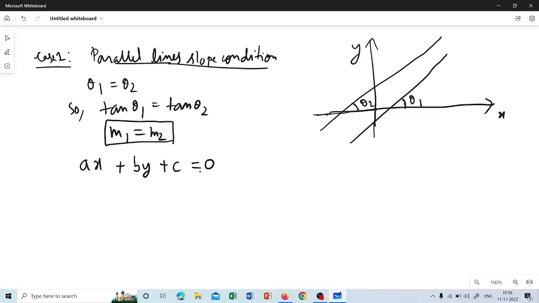Let me give some clarity. We know that this is a linear equation in two variables. Let me take one line equation as a1x plus b1y plus c1 equals 0, and the other line equation as a2x plus b2y plus c2 equals 0.